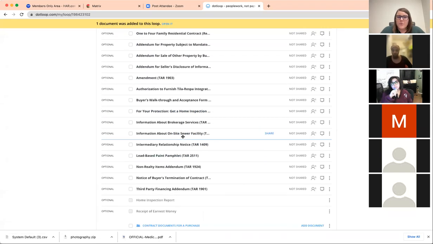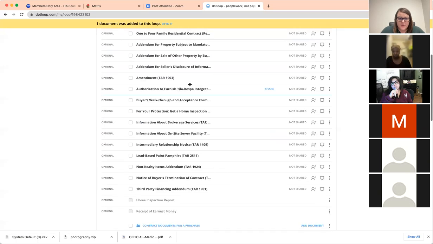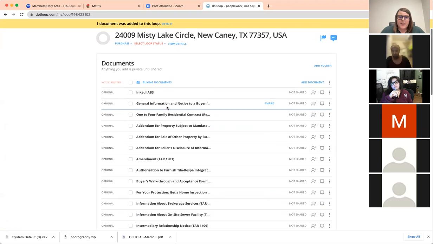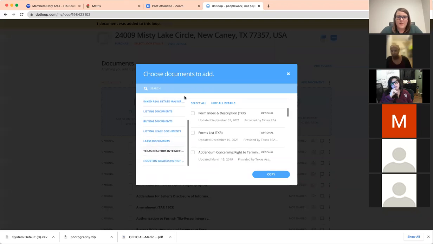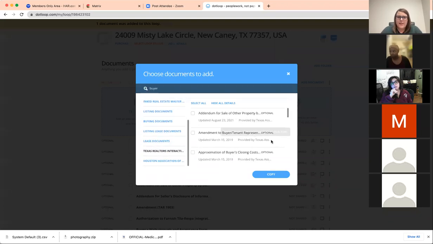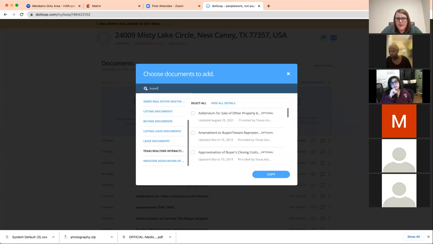The other one you want to get is the buyer's representation agreement, which is not required because that is an actual contract between you and the client. So you can't make someone sign it.